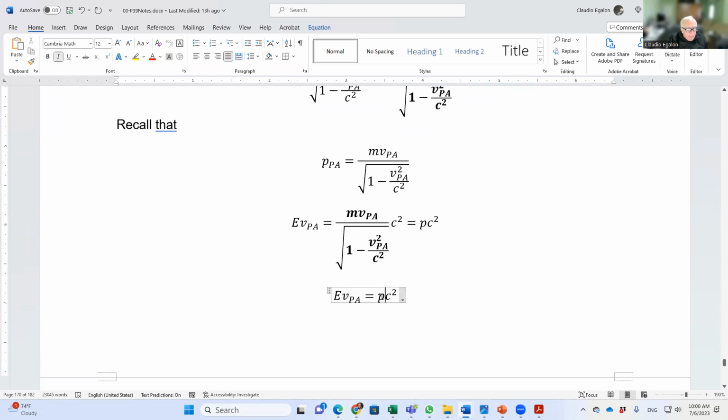Don't you see that we have a single p here? What if we multiply p on both sides of this equation, right? I'm going to multiply p here and p here. And then we get p squared on the right side.